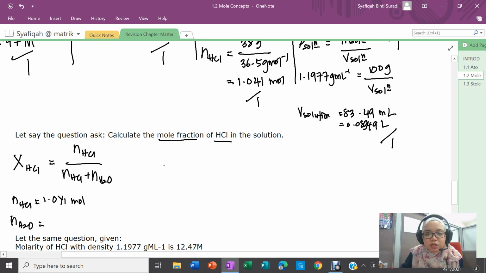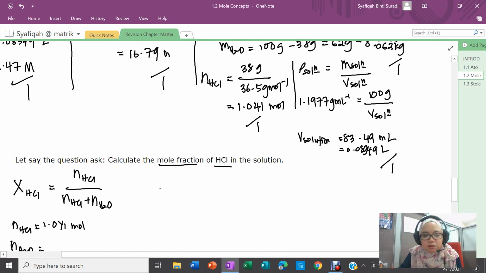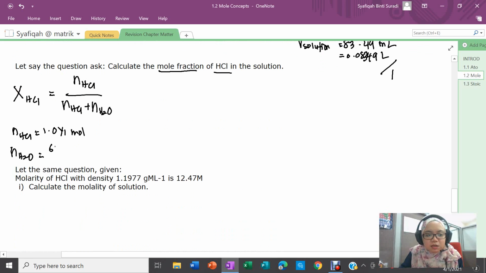Macam mana nak cari mole of water? Okay, mass water tadi berapa? 62 gram, betul? So, 62 gram divide dengan 18 gram per mole. So, you will get mole of water is 3.44 mole. Okay, dah dapat ni, boleh tak cari mole fraction? Boleh lah kan? Masuk je semua maklumat yang dapat tadi.